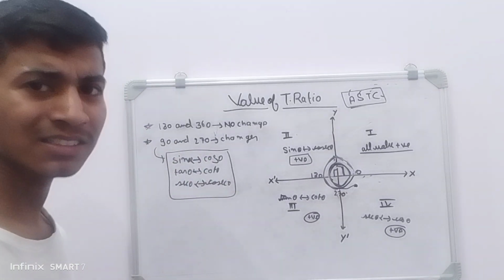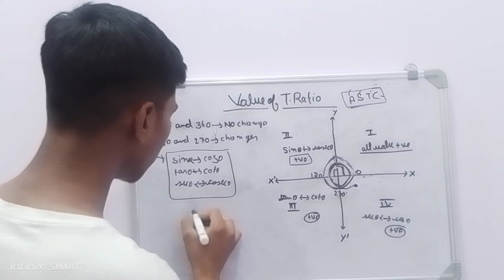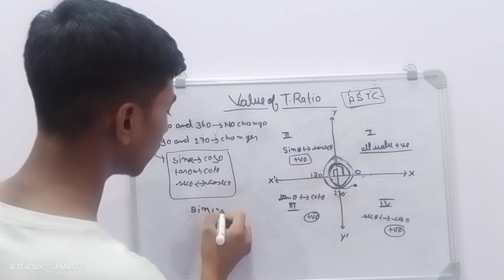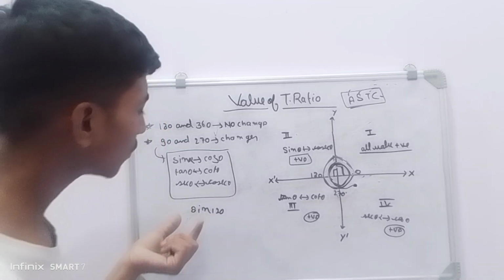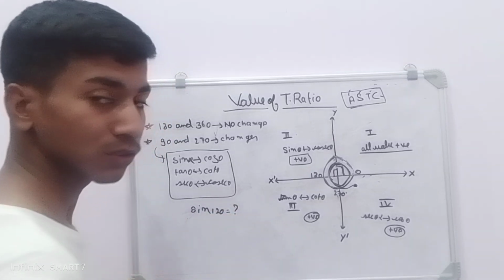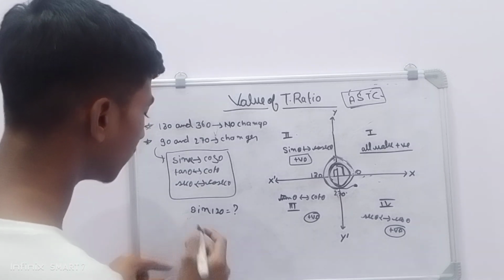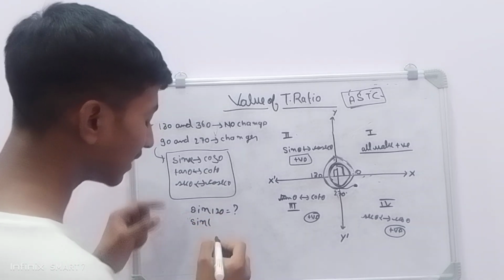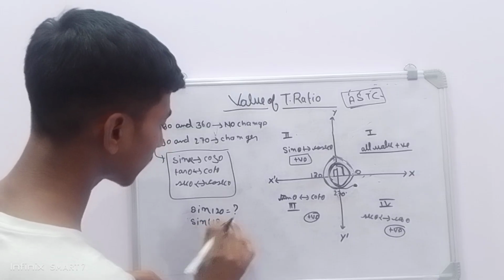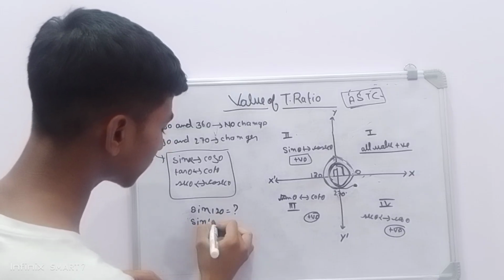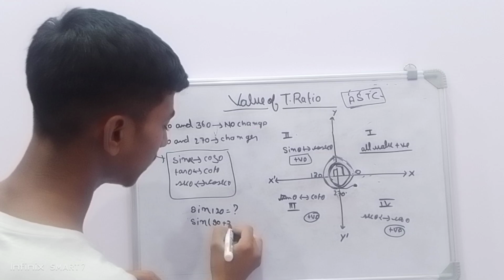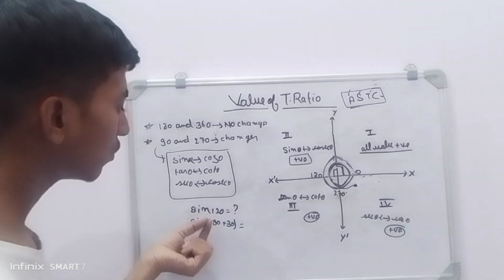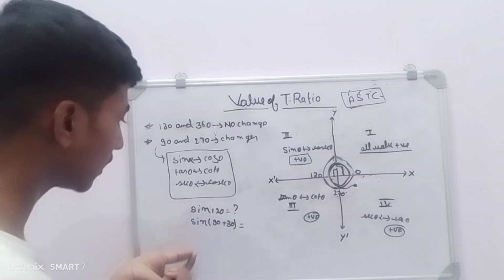If I ask you what will be the value of sine 120, just understand how you will find it. You could write sine 120 as sine of 90 plus 30, because 90 plus 30 is also 120. So you break down the angle 120 into 90 plus 30.